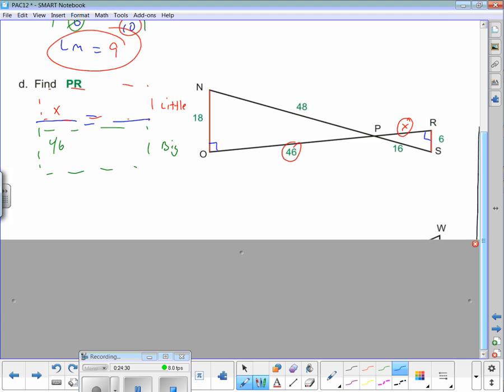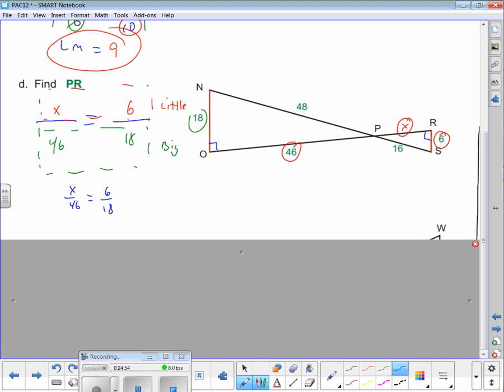Now on this one, again, I got to go little on the top. So I'm going to use the red segment here. That makes it easier. It's in red. It's a 6. And the red segment of the big triangle is the 18. There's our proportion. X over 46 equals 6 over 18.